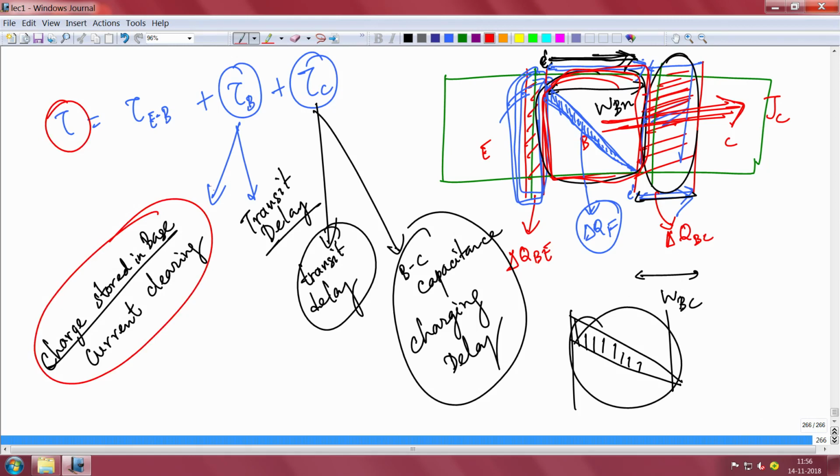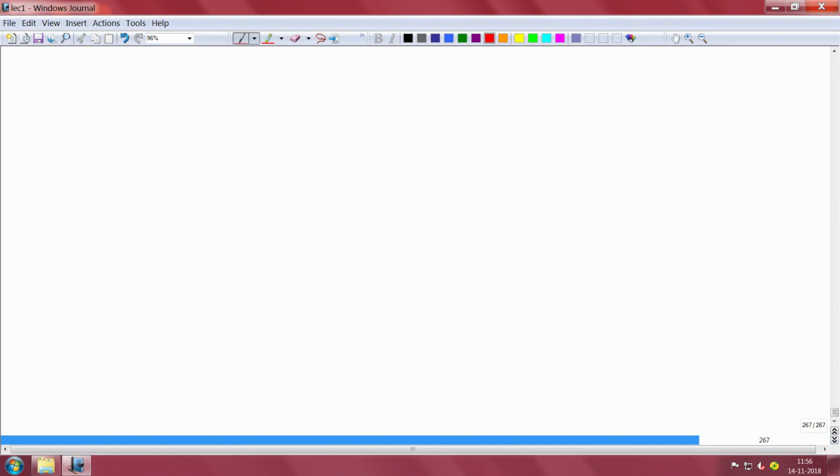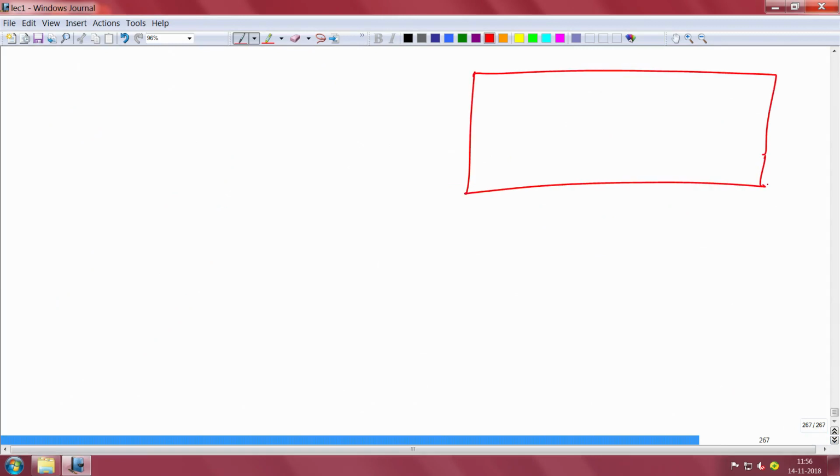So now if you look into each of these delays, what about the base emitter delay? You have a small base emitter forward bias depletion region.